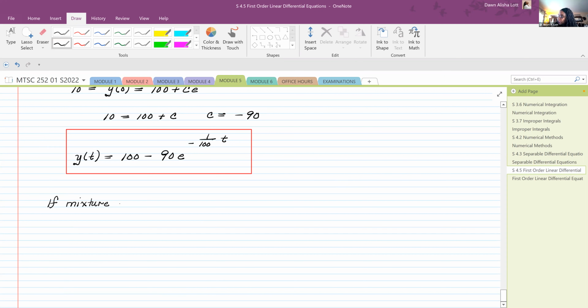If the mixture is 75% at some t, that implies that since it's still only 100 gallons of mixture, there must be 75 pounds of salt in the 100 gallons of mixture.